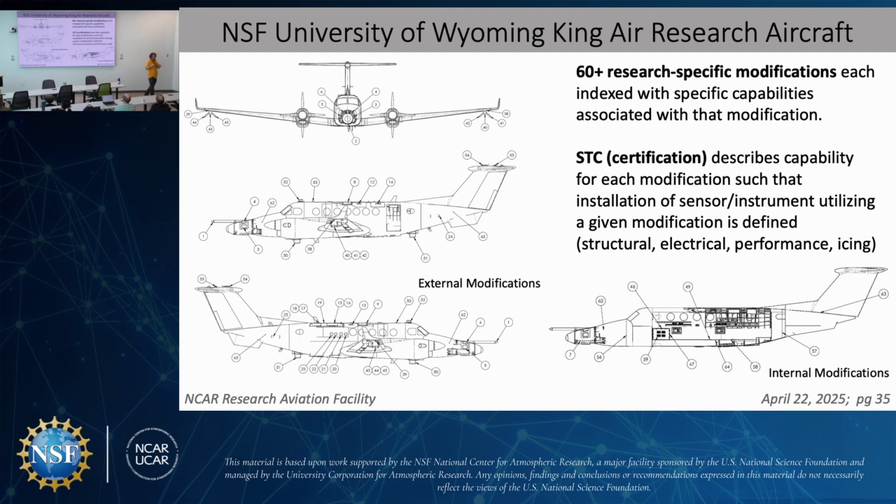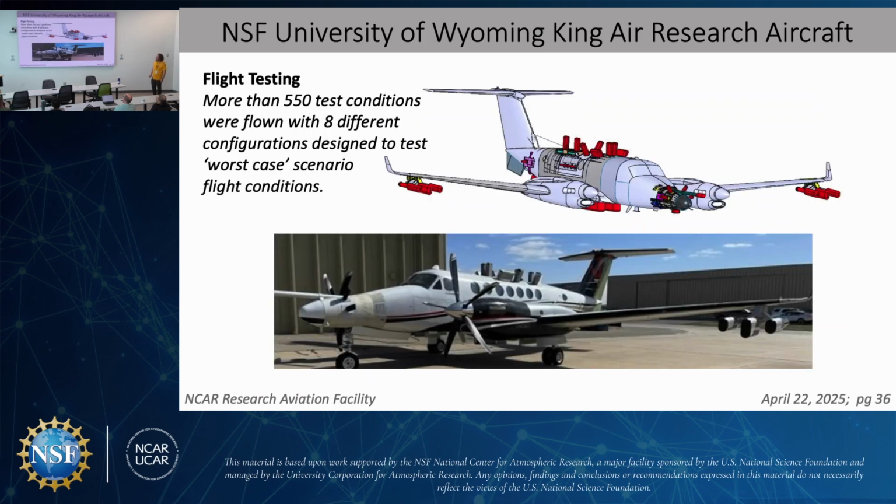We have an extended nose that has a number of instrument pads around the nose that will allow us to install instruments on the nose, and we have a nose boom that will house a gust probe for measuring winds and turbulence, as well as a number of modifications inside the aircraft, such as overhead rails, an upgraded mission electrical system, etc. So 60 plus of those modifications.